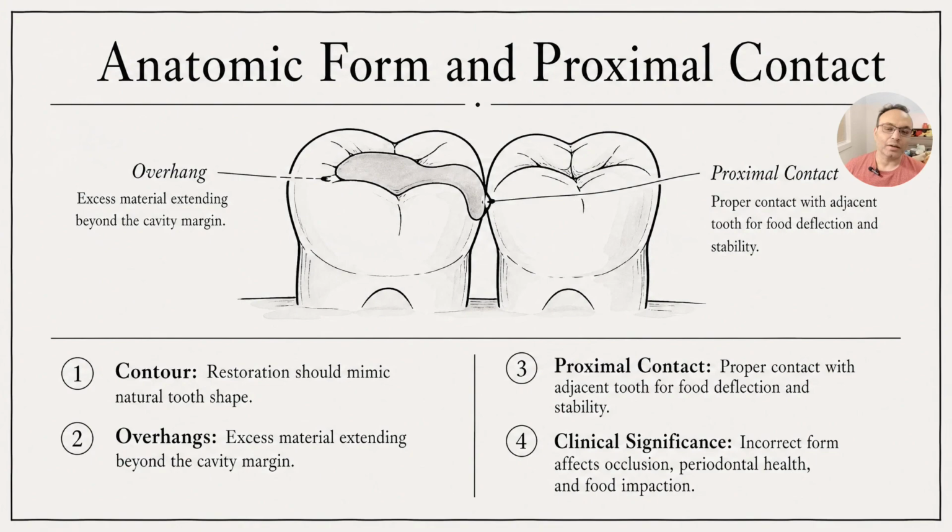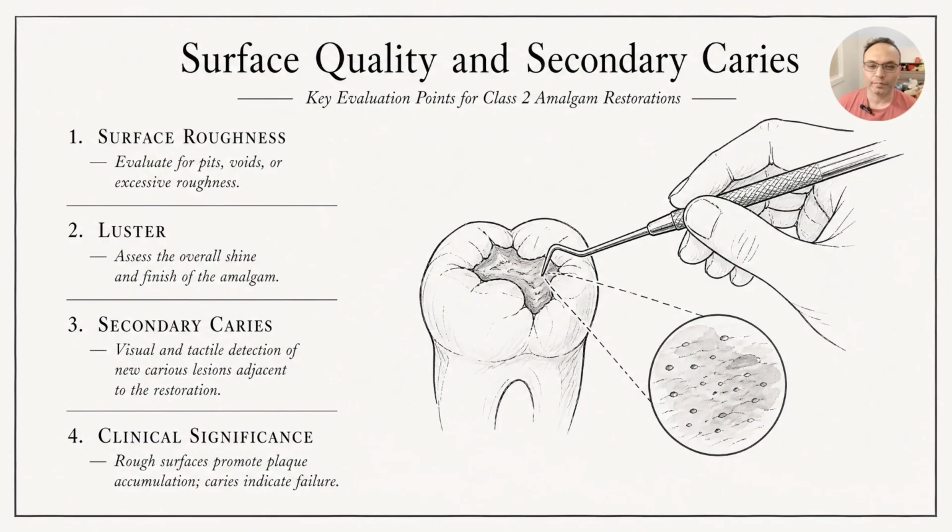Now, what about the surface quality and secondary caries? When the surface is rough, we detect it by explorer, and we look for any pits, voids, or excessive roughness, as you can see in the zoomed in picture, or something like a porous structure.